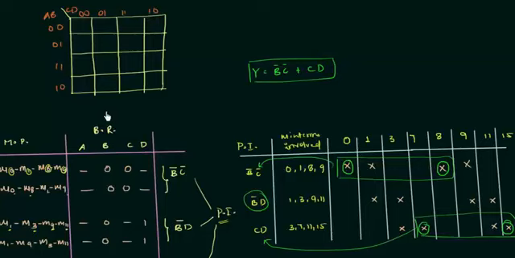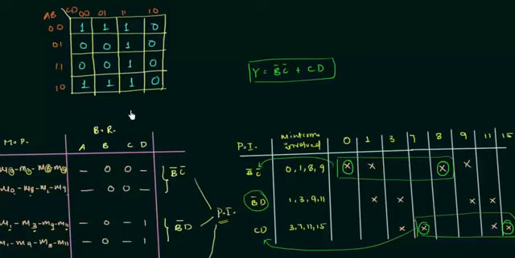We are going to fill this K-map quickly. 1 1 0 1 0 0 0 1. We have 8 and 9, so 8, 9, 10 is 0, 11 is there, 12 is 0, 13 is 0, 14 is 0, and 15 is 1.